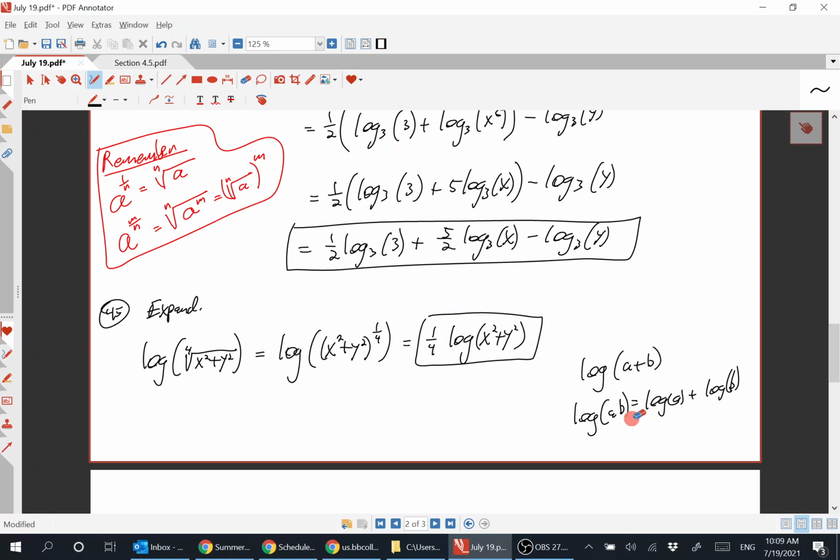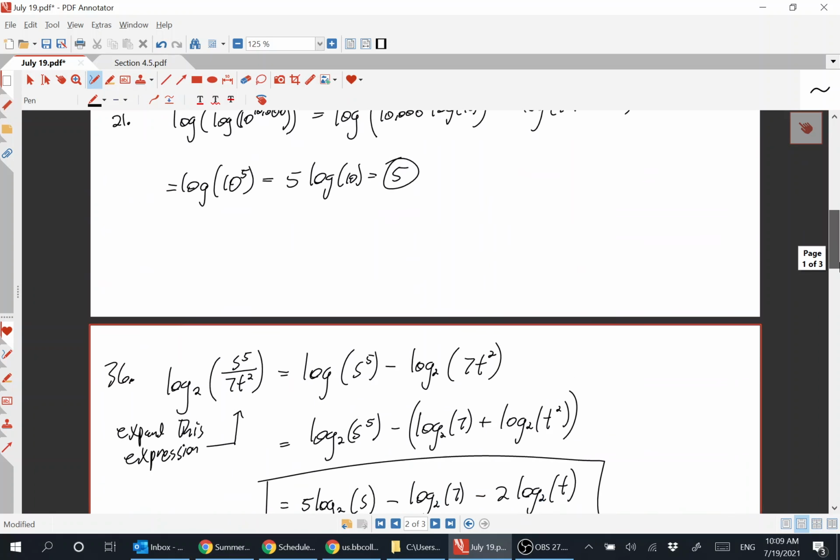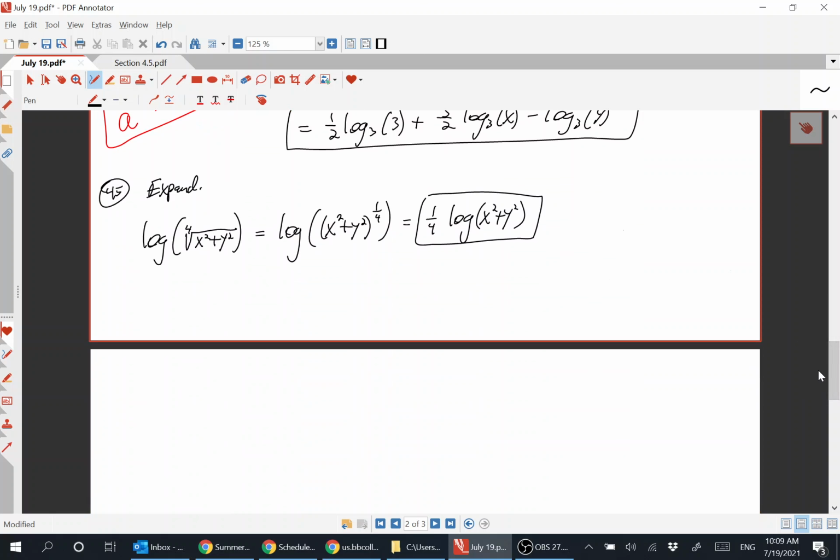All right. What else in this section? I also assigned number 64. What 64 is like recombining these things. Oh no, change of base formula, sorry.